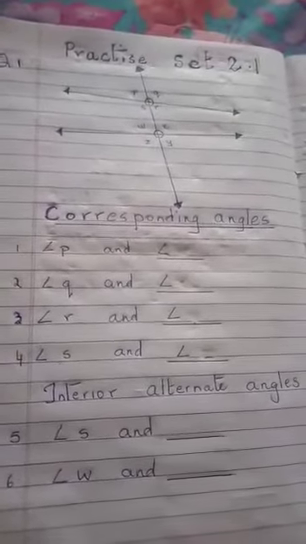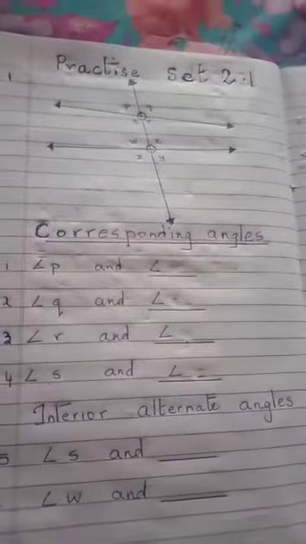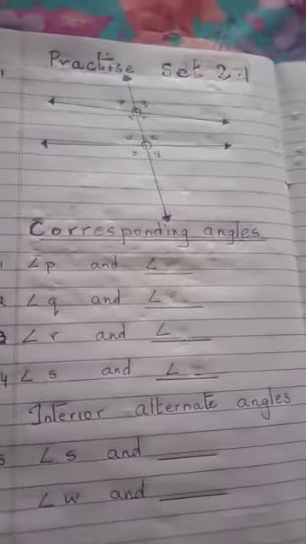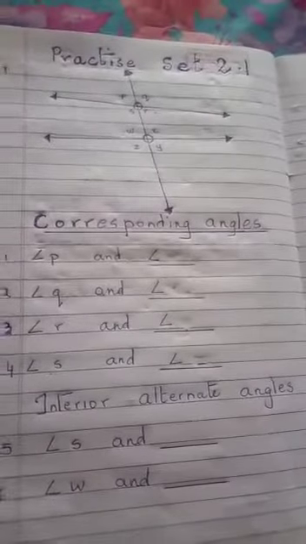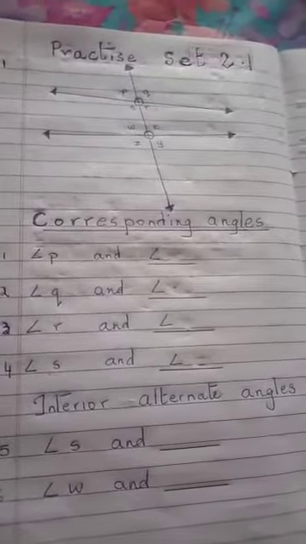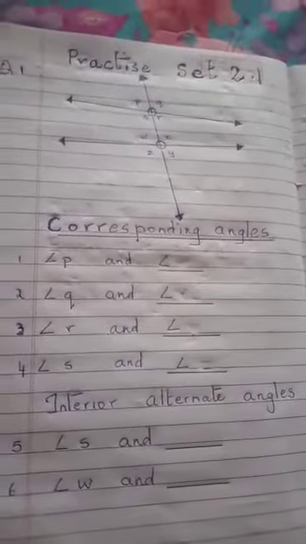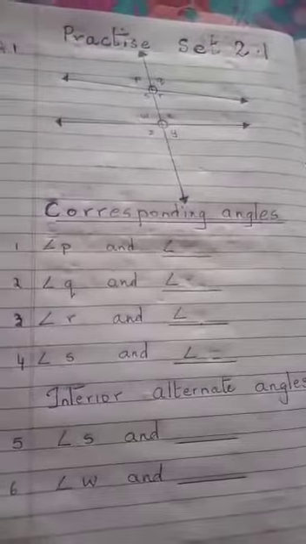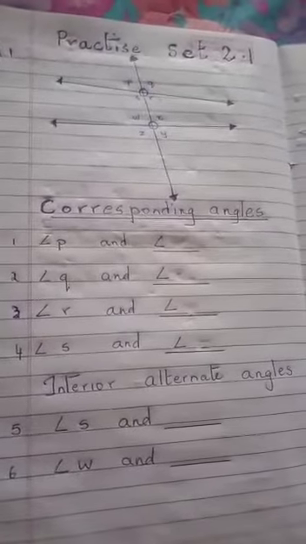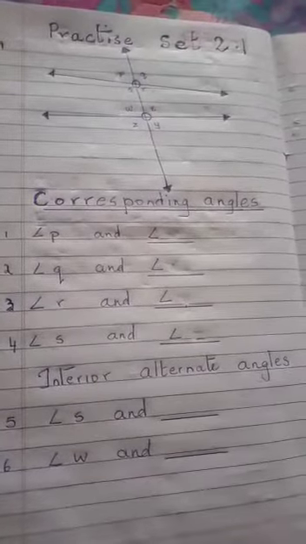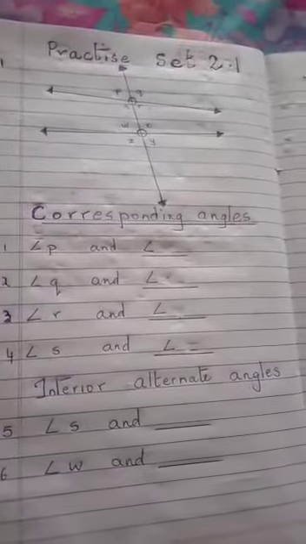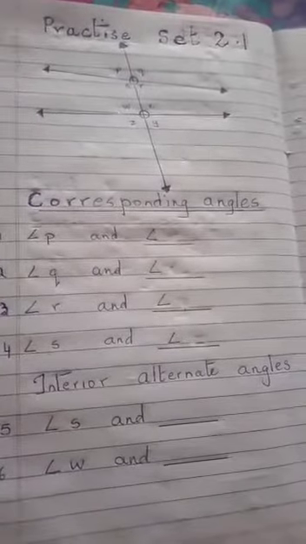Sir Sanjay has just explained to you what are parallel lines, transversal, corresponding angles, interior angles, and alternate angles.